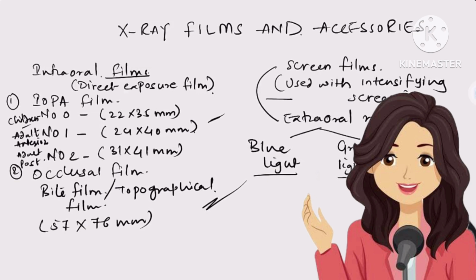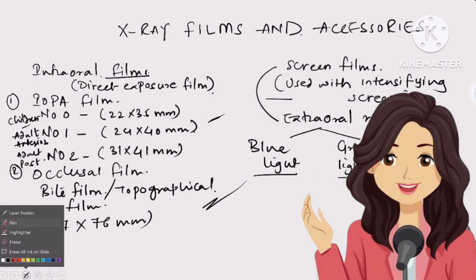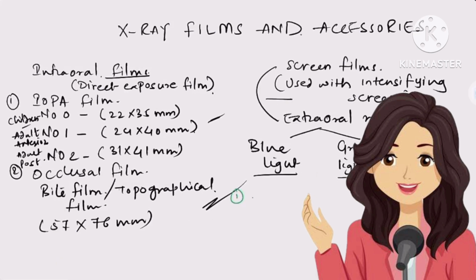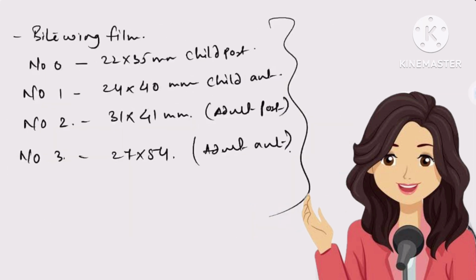Blue light sensitive or green light sensitive depends on the material used for the composition of the film. Blue light sensitive screen films are made up of crystalline calcium tungstate. Then green light sensitive film is made of rare earth materials. Example, you write it down here.